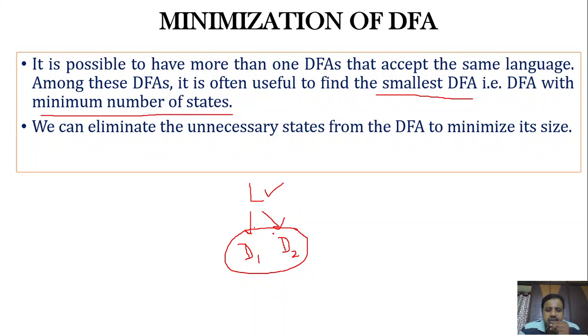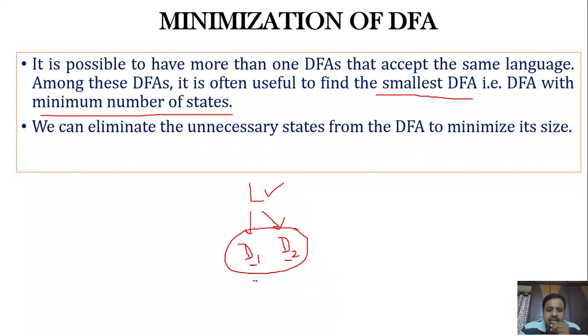If we ask which of these two DFAs is the efficient one, the answer is the DFA which has fewer states and accepts the language L.